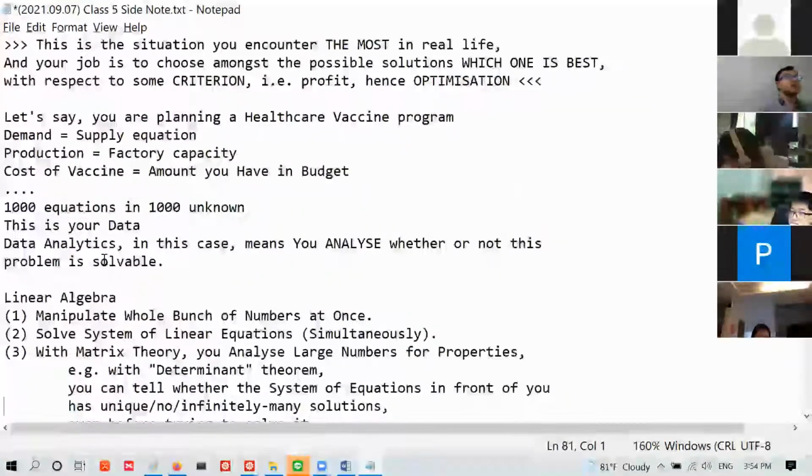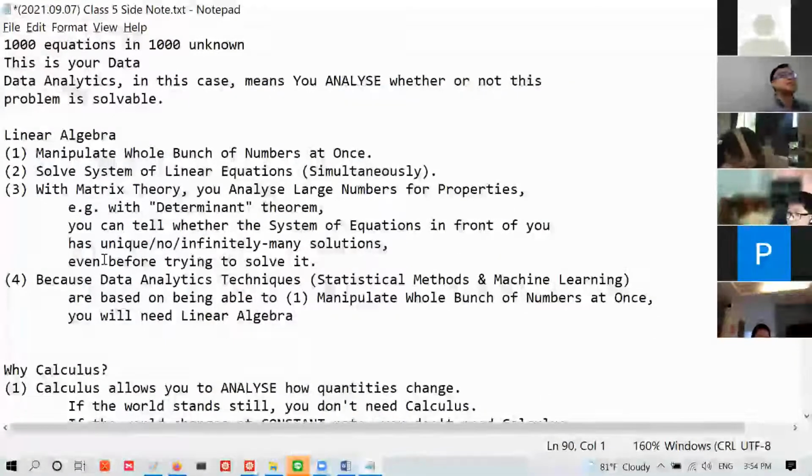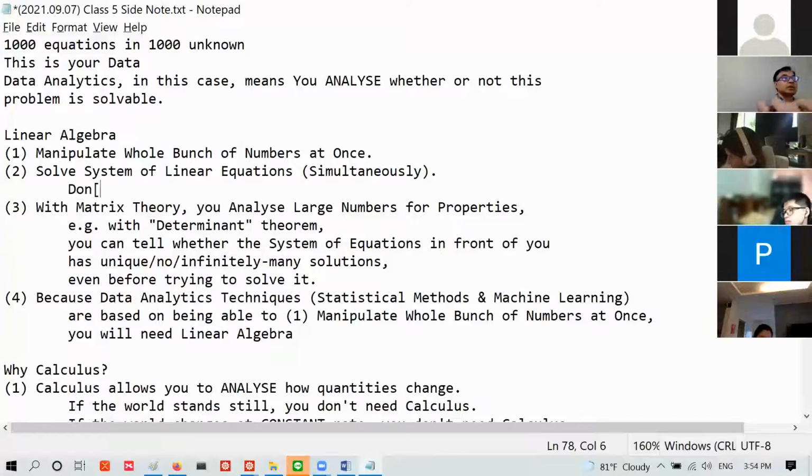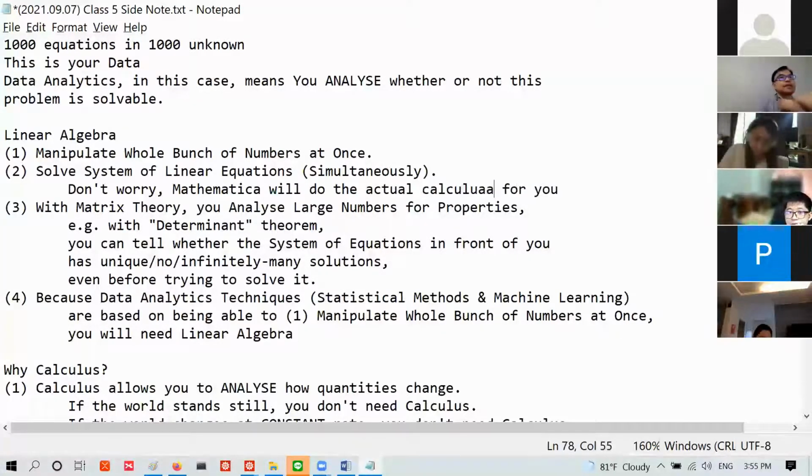For those reasons, you have to manipulate a whole bunch of numbers at once. You solve linear equations, and again, don't worry. Mathematica will do the actual calculation for you.